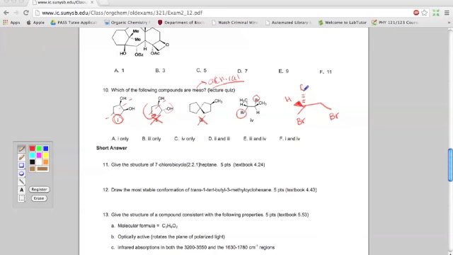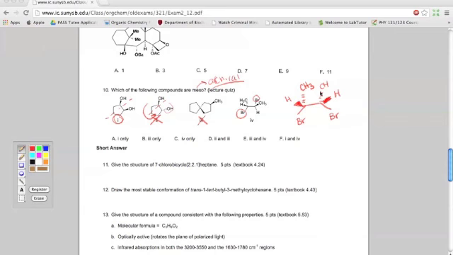If you have a models kit, this is really, really handy. So when you move the Br down into the planar position, the CH3 will move into the dash position, and the hydrogen is going to go into the wedged position.